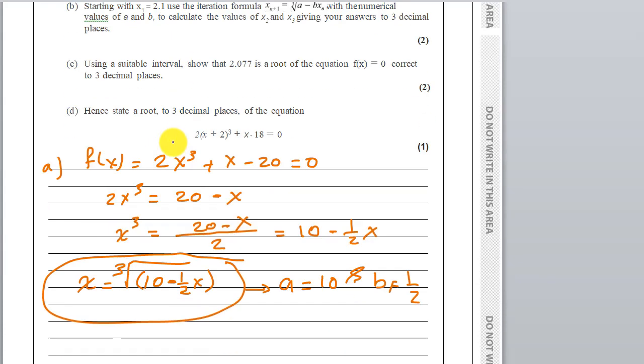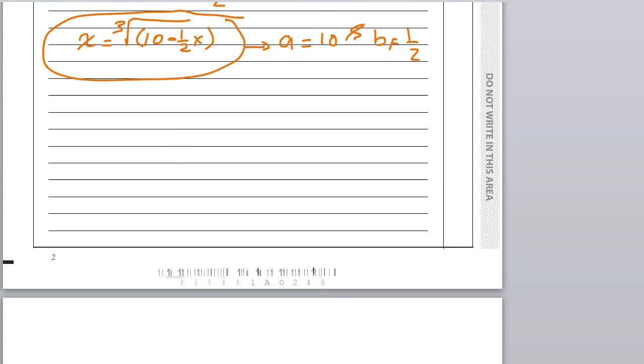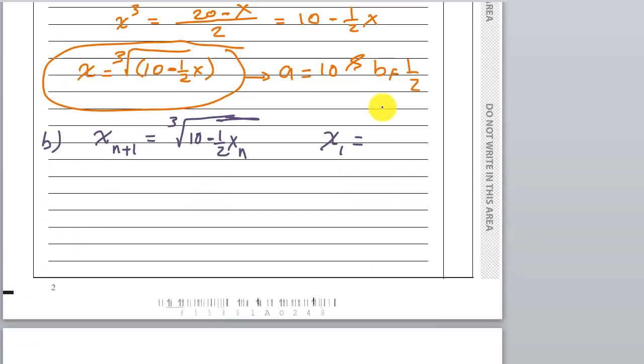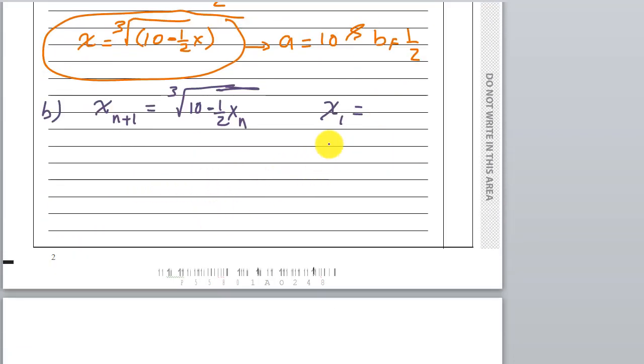So now this is part B. We have x(n+1) equal to the cube root of 10 minus half xn, and we have x1 equal to 2.1.